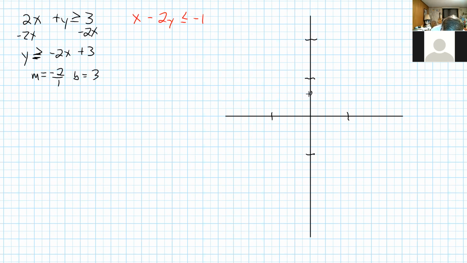So y-intercept of 3, slope of down 2 over 1. The original inequality includes an equal sign, so I'm going to draw a straight line through that set of points.